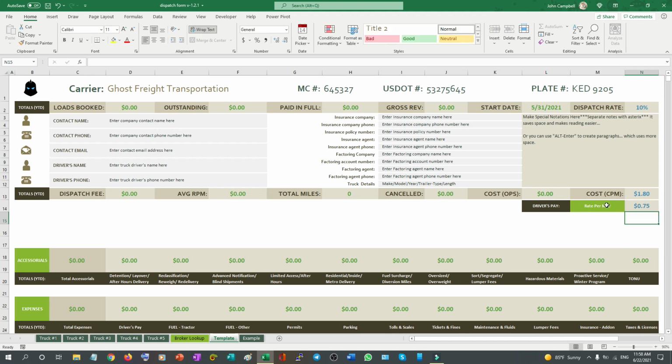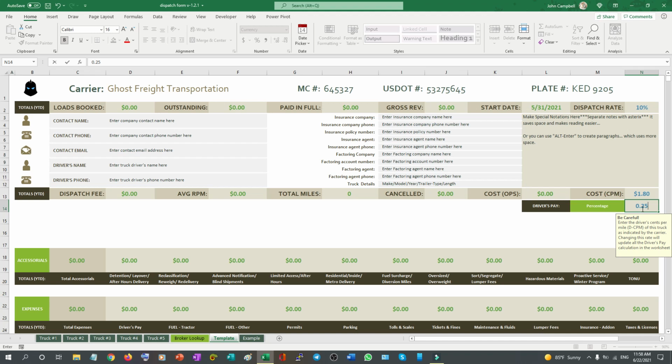Now, if you pay your driver by percentage, you can change this to percentage. But if you're entering percentage, for example, if the percentage that you're paying the driver is 25%, you're going to enter 0.25. If it's 30%, you enter 0.30.